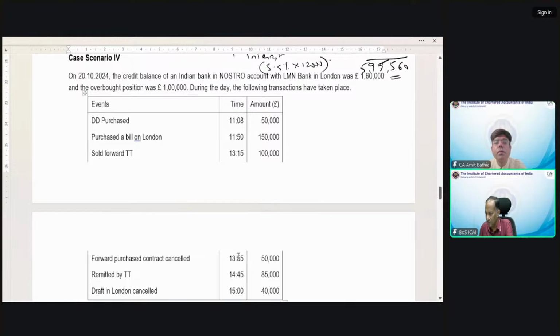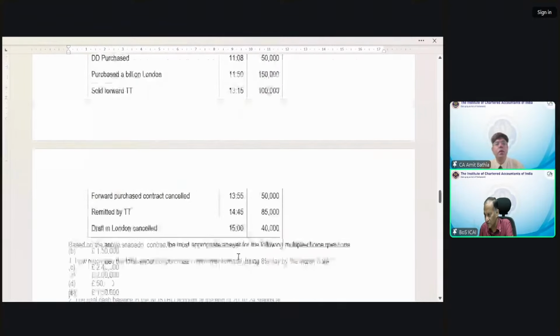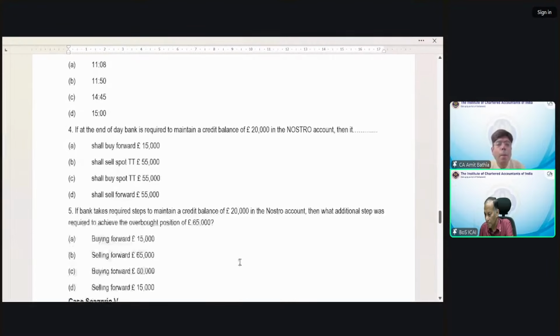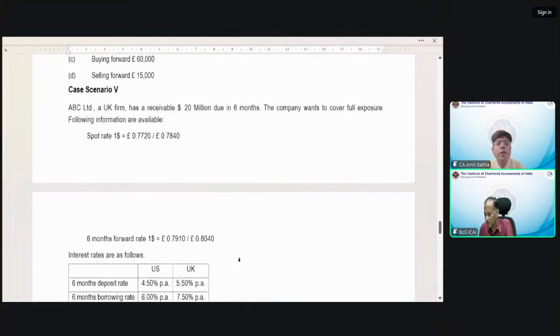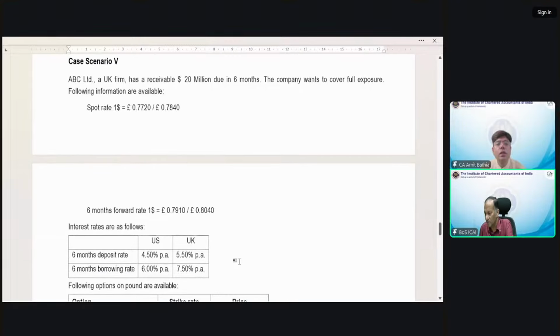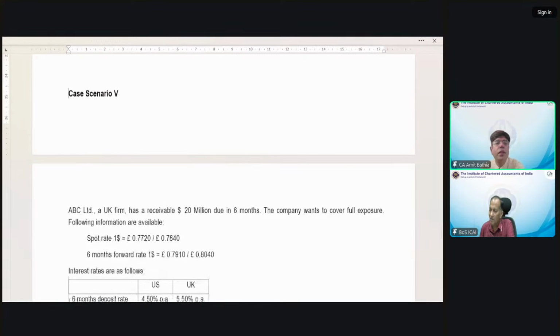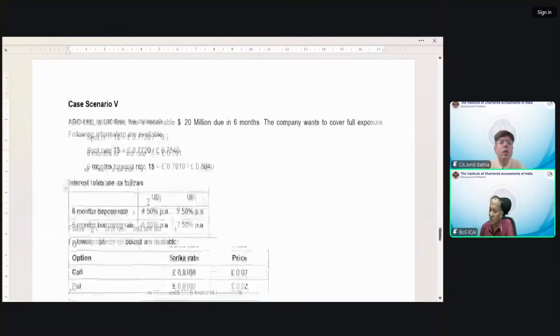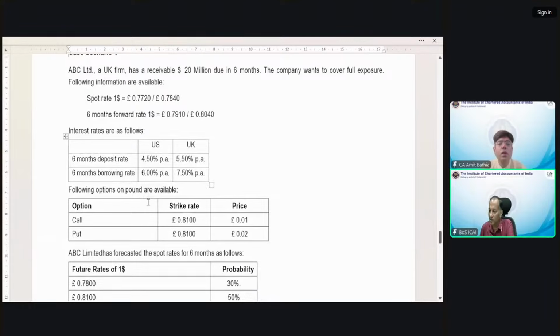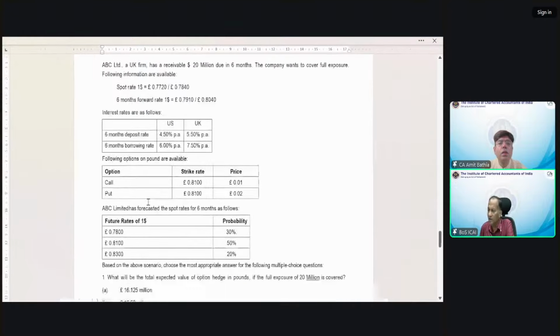I just want to see because I have adopted one question. Scroll down, please. I think this case scenario 5th is from the past examination. Yes, sir. This is from the past scenario. So okay, don't worry, students. We will share the answers by today evening or by tomorrow.